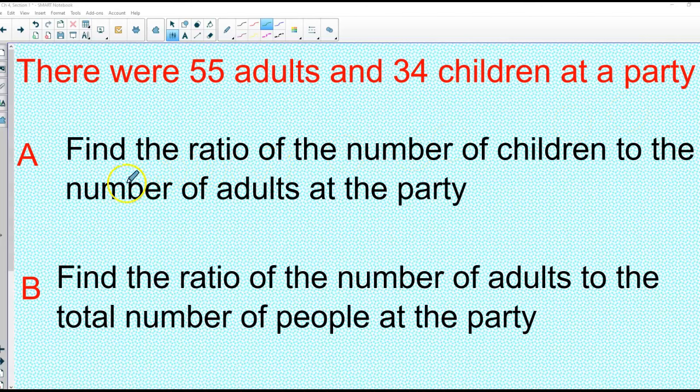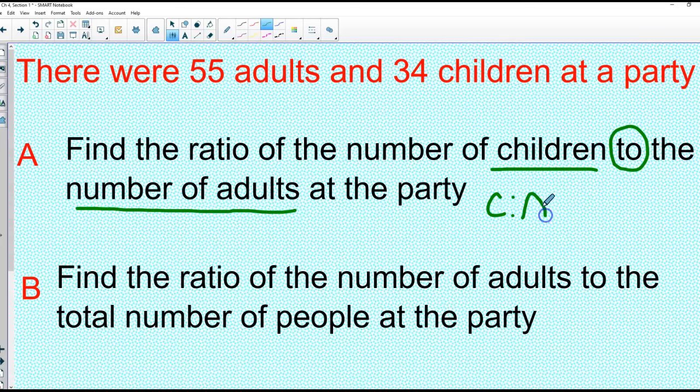Okay, so we are asked to, in part A here, find the ratio of children to the number of adults at a party. So again, we're comparing children, and there's my word to, adults, right? So if it helps you, I would say, okay, I'm comparing children to adults.